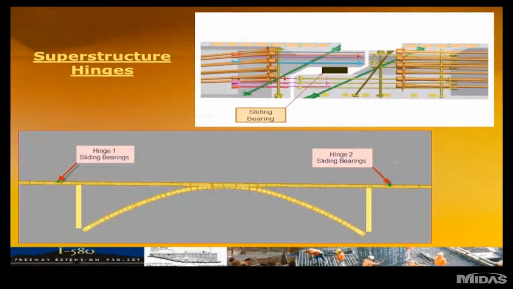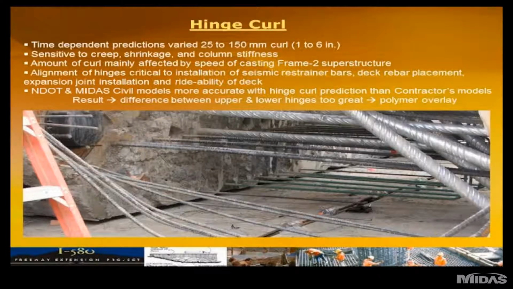The hinge curl was predicted, and you can see the varying prediction, 1 to 6 inches, depending on how you modeled the structure. And this is where the owner and the contractor's engineer had some disagreements. The hinges are very sensitive to creep, shrinkage, column stiffness.